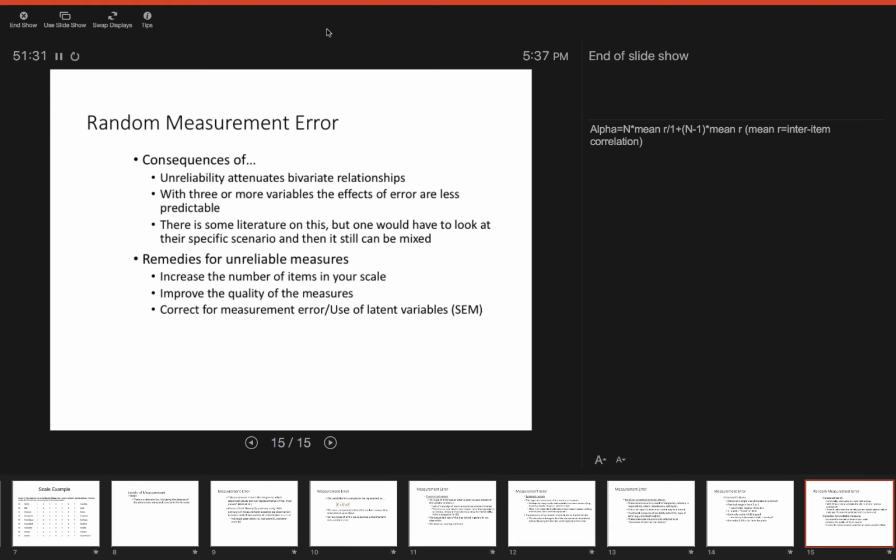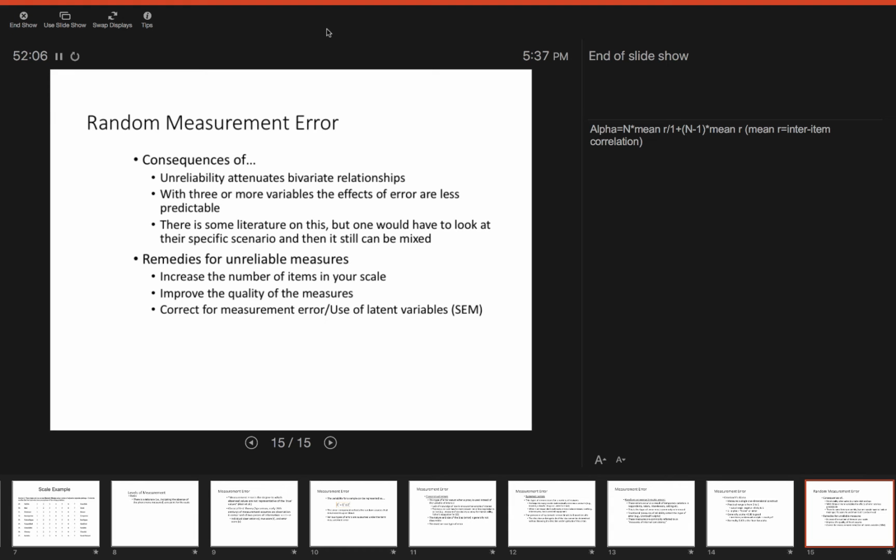And that, again, all things being equal, should increase your alpha. Maybe the question wording, maybe the quality of the measure needs to improve. Maybe the wording is unclear, or the wording is inconsistent, or the way that your respondents are interpreting your questions doesn't square with the way that you're interpreting or thinking they'll interpret. So you can improve the quality of the measure in some form or fashion potentially, and then that should add some consistency.